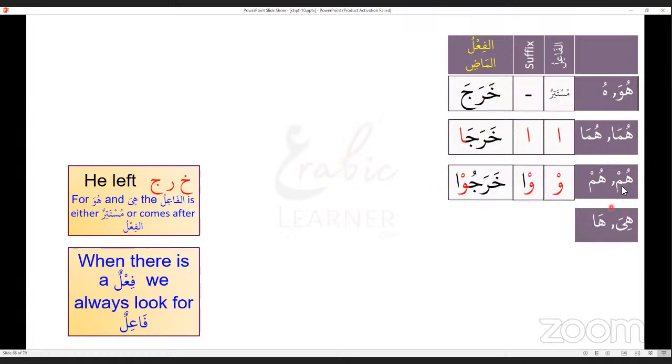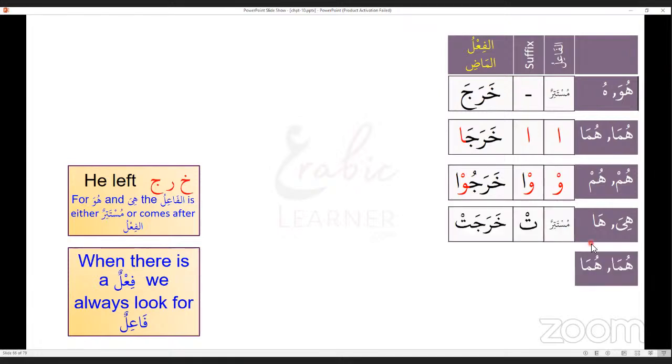Okay. Kharaju again means they all left. So you have to remember this. For dual, it will be alif, that will be fa'il. For plural, it will be waw. Okay, that will be fa'il. Kharajat, here again, dhamir is mustatir.